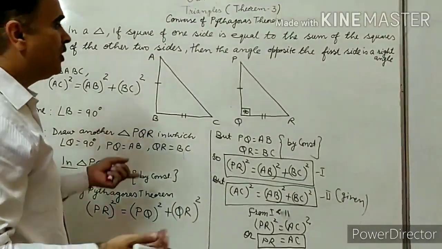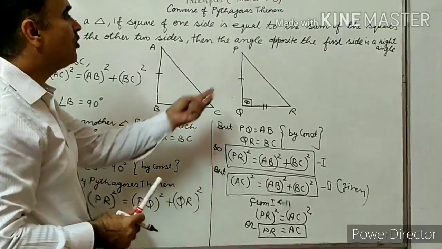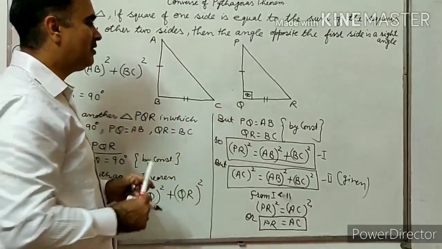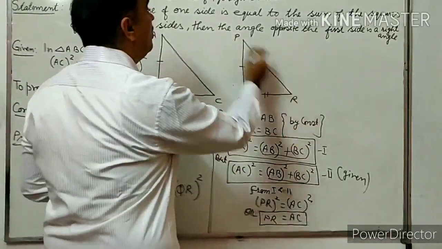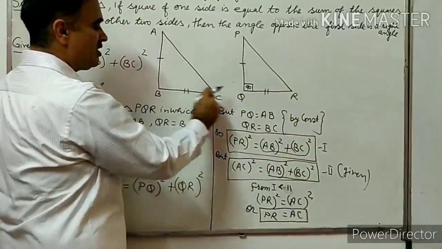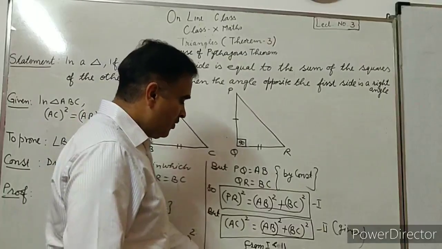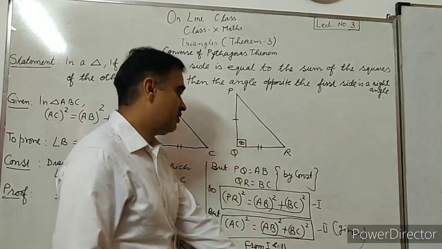And now we are to use the 7th class congruency result, up to 9th we have done it. If we take these two triangles PQR and ABC, now we got PR equal to AC.